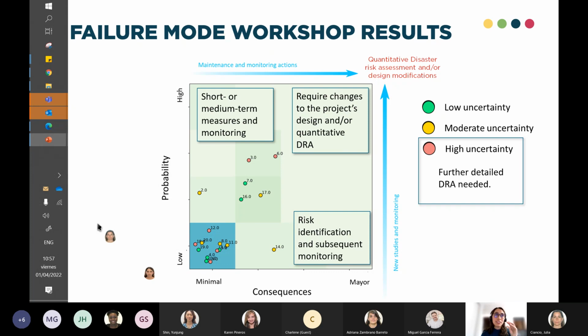That conclusion is included in the management plan, and it says it has to be implemented by this agency. That agency has the responsibility to perform the quantitative risk assessment, and that's part of the disaster risk management plan.